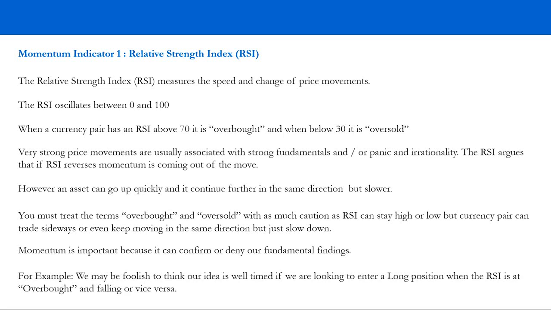So you have to treat the terms overbought and oversold with caution, because RSI can stay high or low, but a currency pair can trade sideways or even keep moving in the same direction, but just the speed slows down. So don't take overbought and oversold to mean that you should now buy and now sell. It doesn't mean that at all. It just gives you a snapshot of momentum.